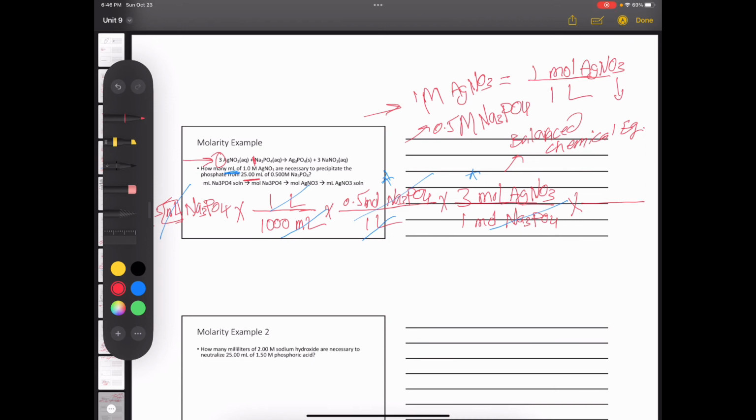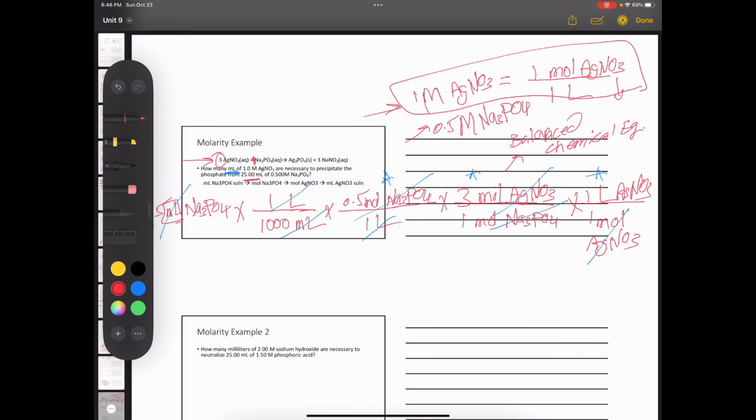Because based on the molarity equation, for the silver nitrate, 1 liter up here, and then down here will be 1 mole of AgNO3, the silver nitrate. If you noticed here, I flipped my molarity for the silver nitrate. Why? Because I'm trying to get liters or milliliters of silver nitrate at the end. So I need to have my liters in my numerator, and then my moles of AgNO3 cancel out with my moles of AgNO3. Now I have liters of silver nitrate.